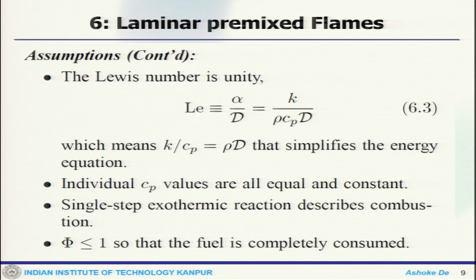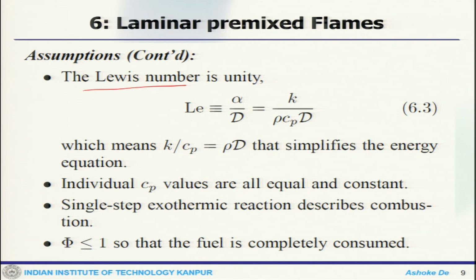One more thing is a non-dimensional number called the Lewis number, which is a ratio between alpha and D, the thermal diffusivity to mass diffusivity, or one can write it as kappa by rho Cp D. The Lewis number is 1. That means thermal diffusion and mass diffusion are occurring at the same rate, that is, thermal diffusivity and mass diffusivity are of the same order.